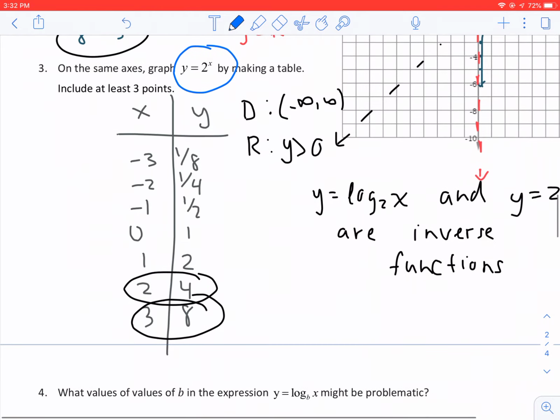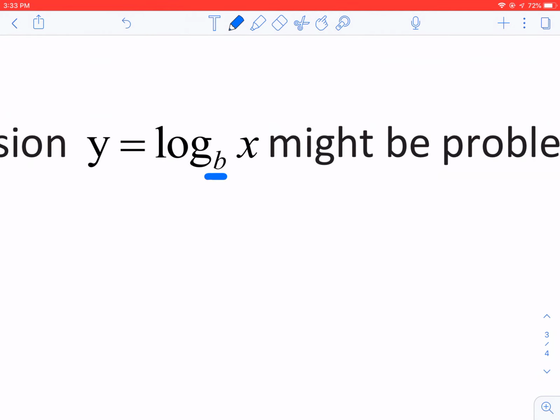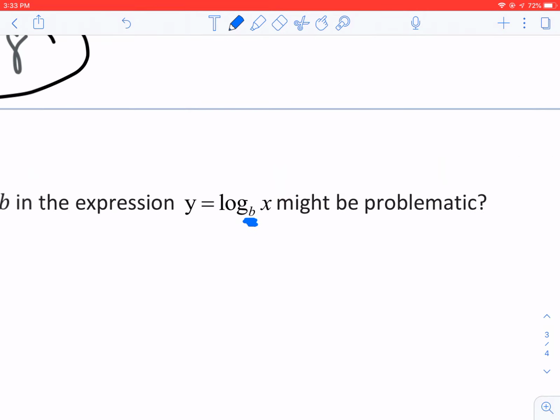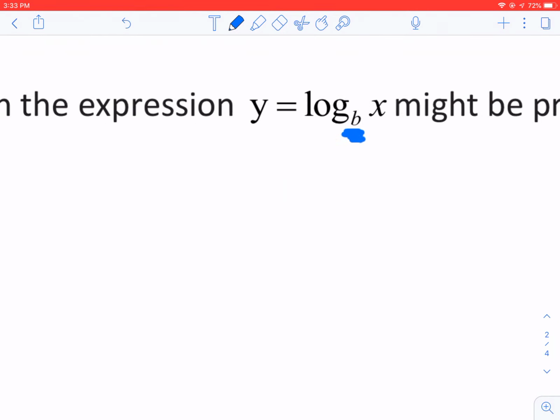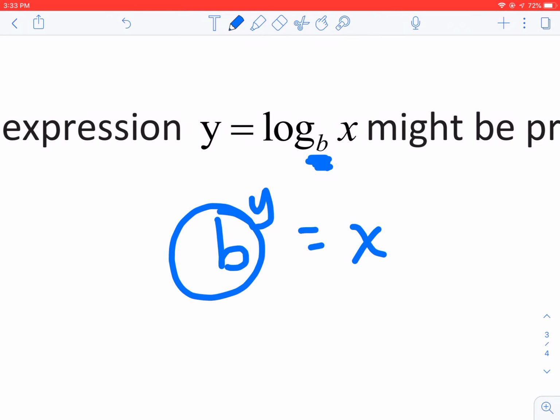All right. So what values of b in that expression might be problematic? What can't we have for a base? So let's write this in exponential form. This is going to be b to the y is equal to x. So what kind of values can't we have for b?